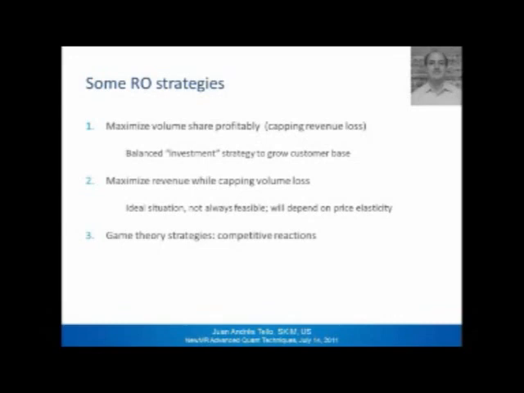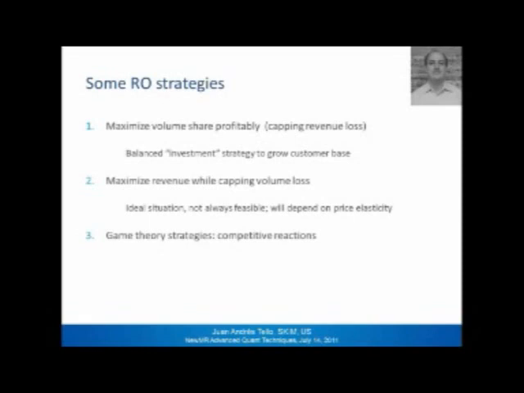Typically, finance will want to jack up the prices to boost their profit, but what typically happens is that volume goes down. So you might end up in a situation where you lose profitability. So maximizing revenue while capping volume loss is the ideal situation. It's not always feasible because it will depend on the price elasticity in the market.